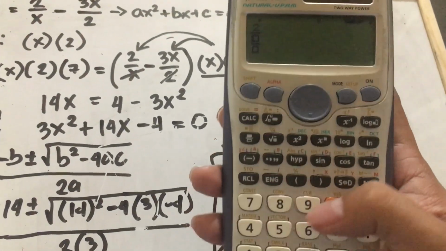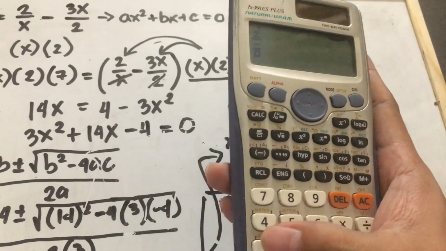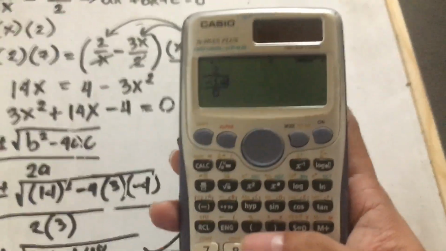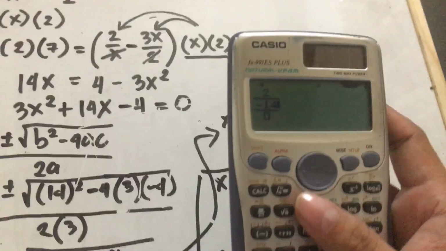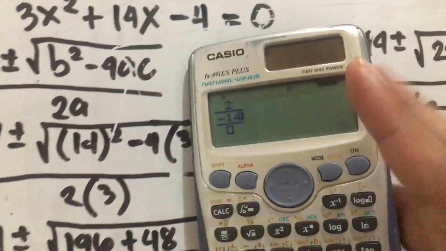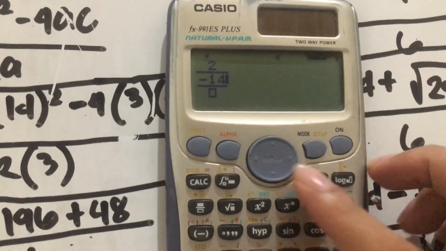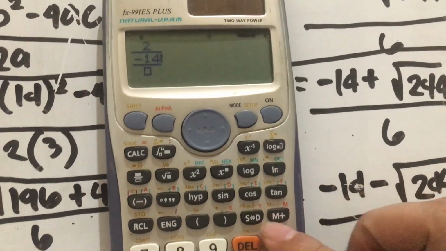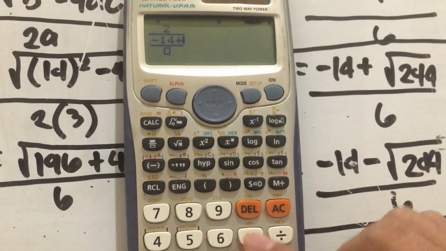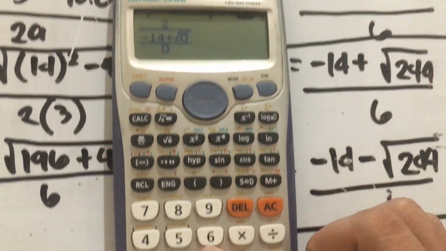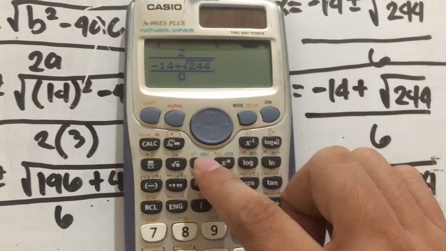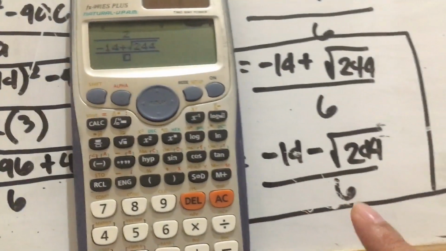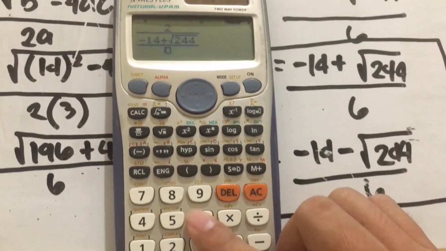Negative 14 plus the square root of 244. I will input again, bring down this one, the value is 6.